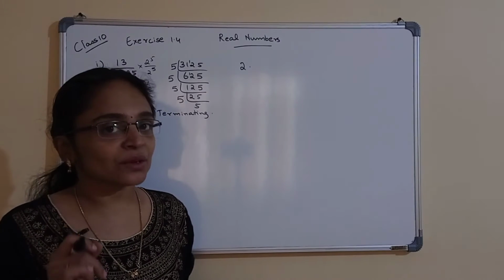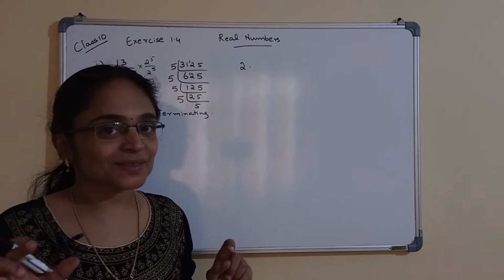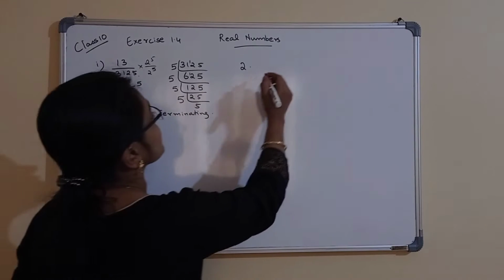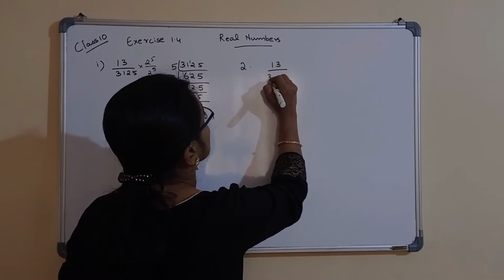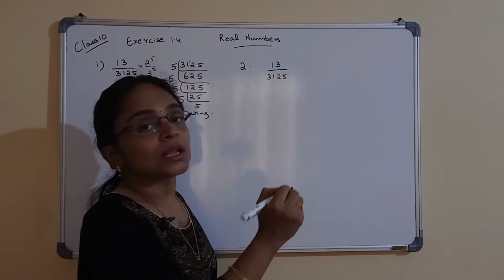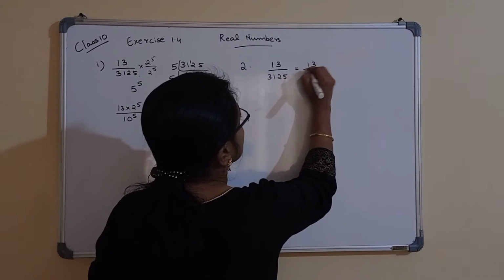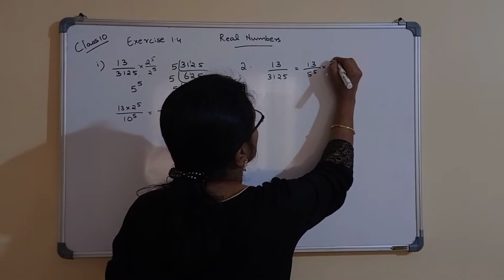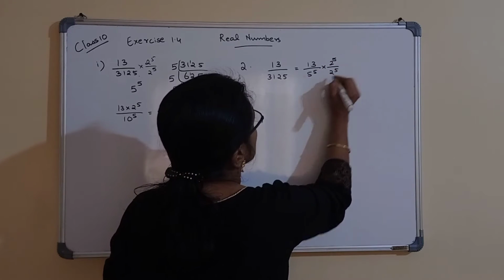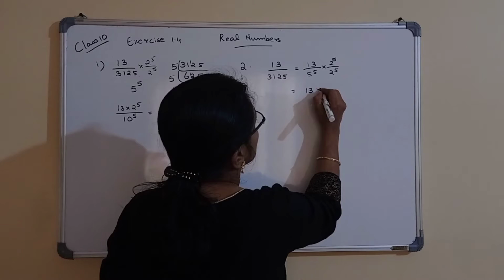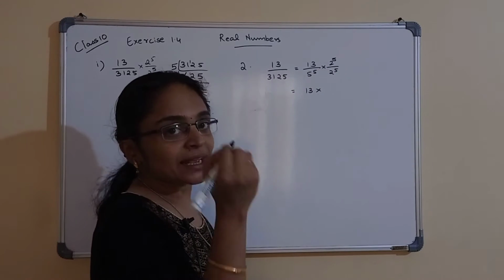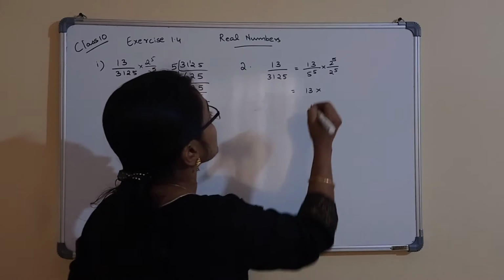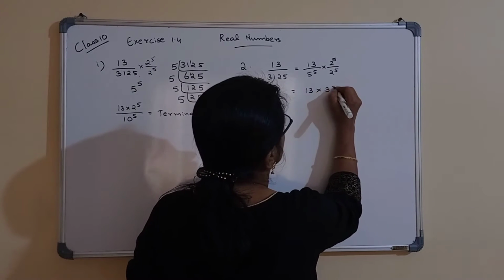In the second question, for all terminating decimal expansions, they have asked to write the answer. So we can write it like, 13 by 3125 is a terminating decimal. This is equal to 13 by 5 raised to 5. Now we multiply numerator and denominator by 2 raised to 5. What will we get? 2 cubed is 8, 2 raised to 4 is 16, 2 raised to 5 is 32.